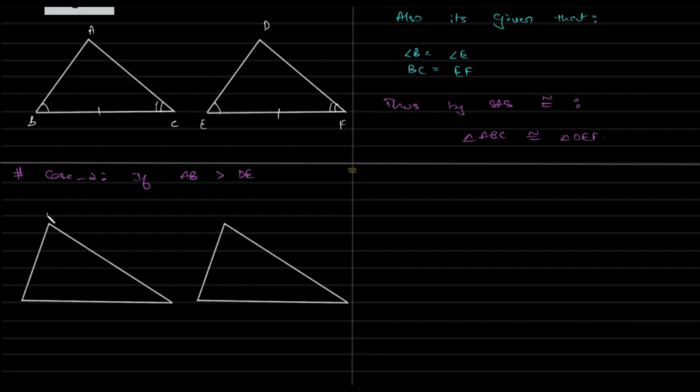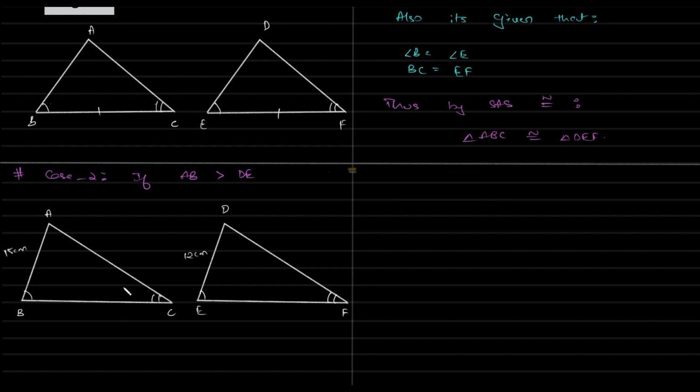So we have triangle ABC and DEF. Yes, B is equal to E and C is equal to F. Now we are saying that AB is greater than DE. Say DE is around, again only for understanding, 12 centimeters and this is around 15 centimeters. So AB is greater than DE. We are assuming it so.